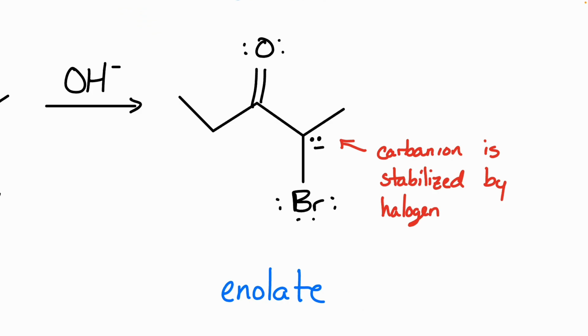The carbon's not really happy having all that negative charge. It's stabilized through resonance. That's why we can deprotonate it to begin with. But if there's a bromine on there, it just further stabilizes that negative charge. Bromine's very electronegative. It has this induction ability, so it's pulling some of that electron density away from that carbon and onto itself. So this carbanion is stabilized by that halogen through what's called induction.